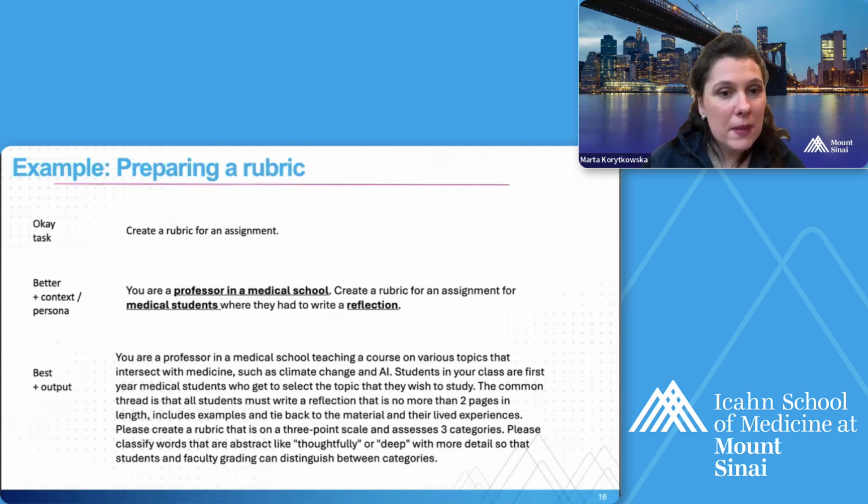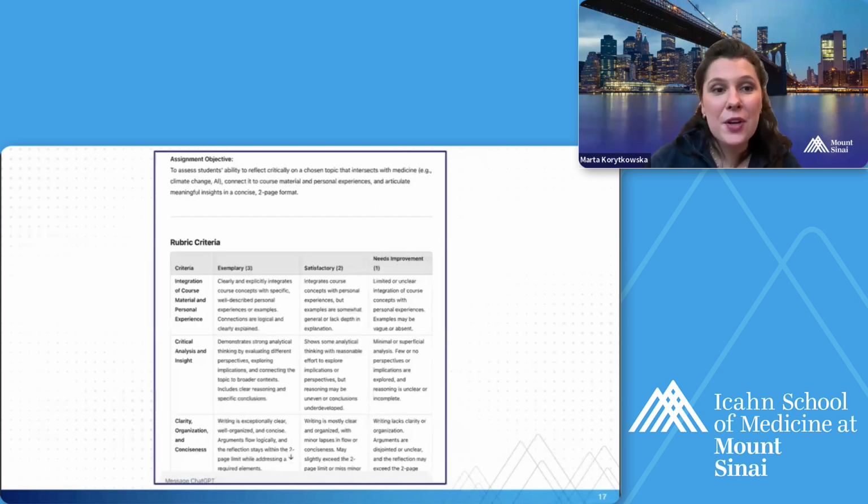The common thread is that all students must write a reflection that is no more than 2 pages in length, includes examples and tie back to the material and their lived experiences. Please create a rubric that is on a 3-point scale and assesses 3 categories. Please classify words that are abstract like thoughtfully or deep with more detail so that students and faculty grading can distinguish between categories. And now you have the criteria that you need that you mentioned.